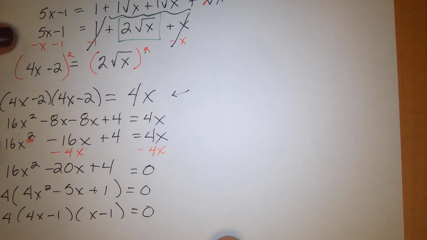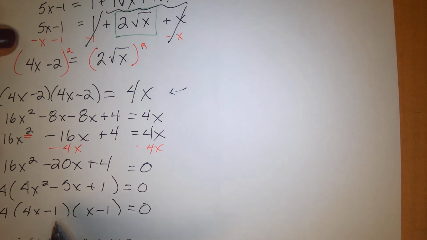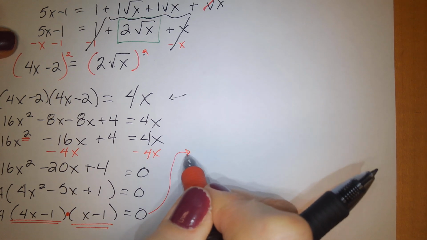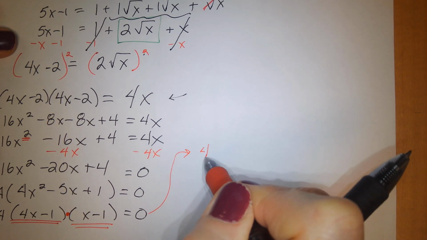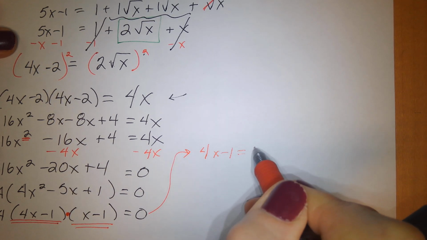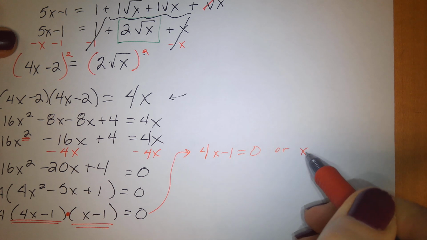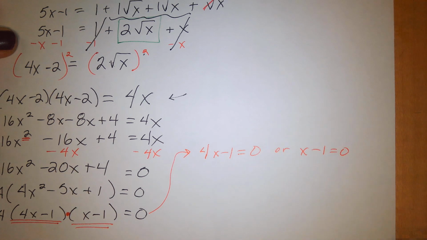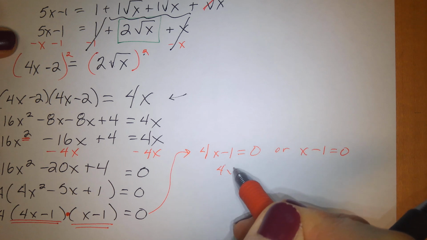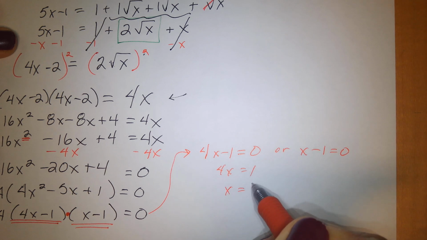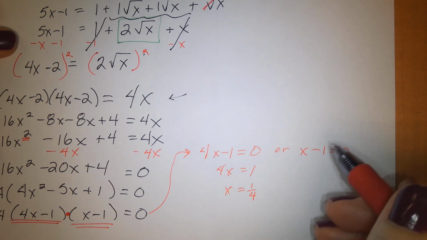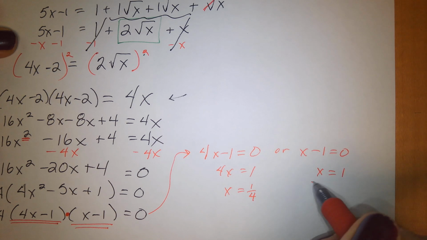Now using the zero product property, that says when two things are multiplied together and the product is 0, that means either the first thing is 0 or the second thing is 0. So that means either 4x minus 1 is 0 or x minus 1 is 0. So I solve for both sides. I find x is positive 1/4 or 1.